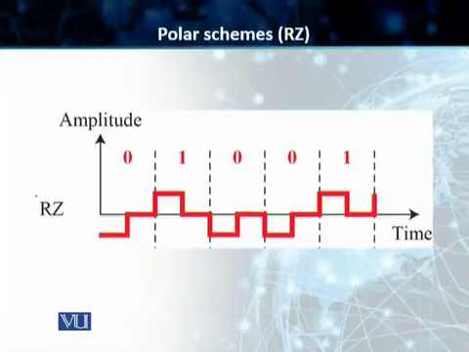Students, in the return to 0 scheme, it uses 3 values instead of 2 values. It uses 3 voltage levels instead of 2 voltage levels. So you can see that we have got a negative, we have got a 0, and then we have got a positive.